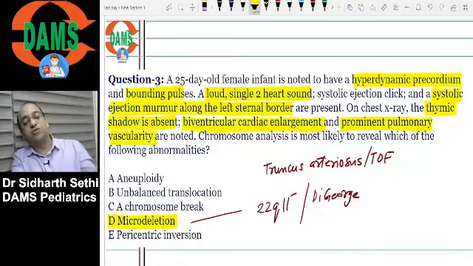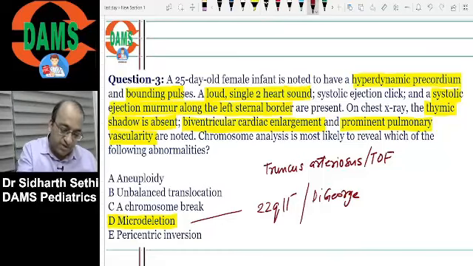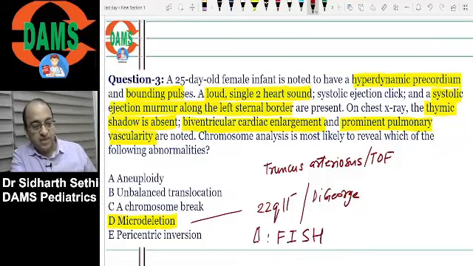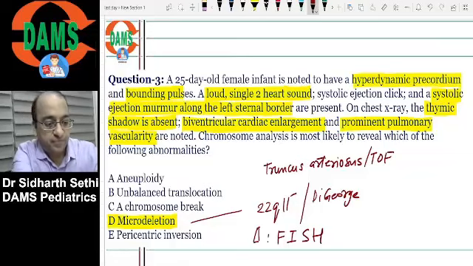All the aorta blood goes to the lungs. All the lung blood is also going to the systemic circulation. So it's a hyperdynamic circulation. Your investigation of choice in DiGeorge will be FISH, fluorescence in situ hybridization. I'll go for FISH for 22q11 deletion.